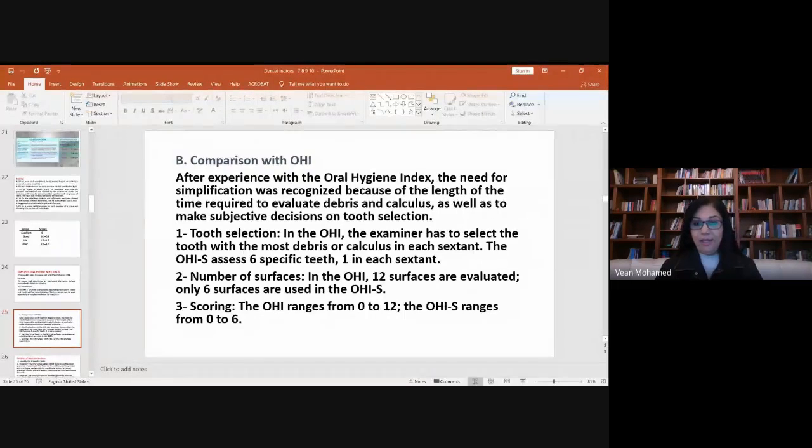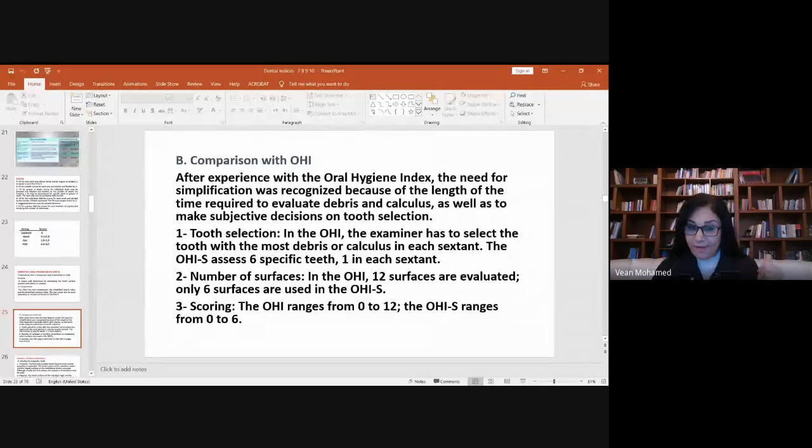It means in the oral hygiene index, the one discovered before, the examiner himself should choose the worst tooth, the one that has most debris and calculus, for each sextant. Sextant, you know, the mouth is divided into 6 sextants, from premolar to posterior, from canine to canine, then canine to posterior for upper and for lower. So we have 6 sextants.